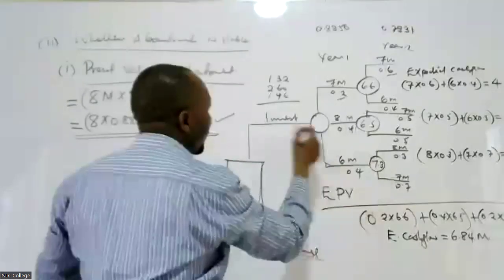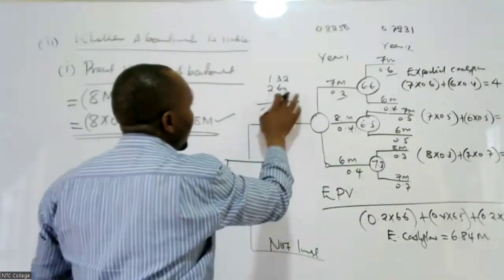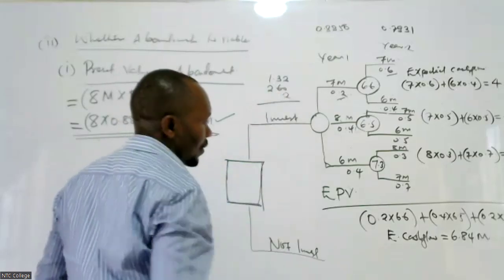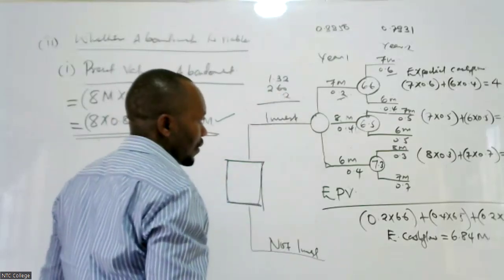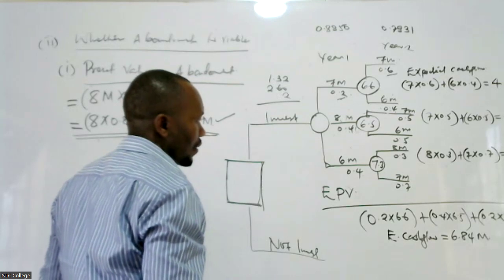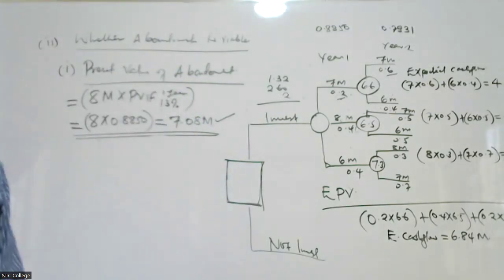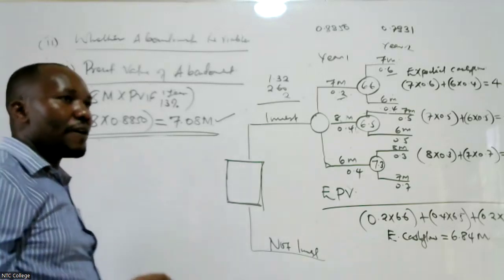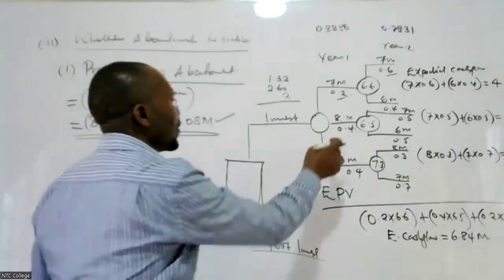Good. So 0.4 times this. The others have to confirm, is it 0.4 or 0.2? I have written it as 0.4 and it is 0.4 according to the paper also. So 0.2, 0.4, 0.4. Fine. It is 0.4.